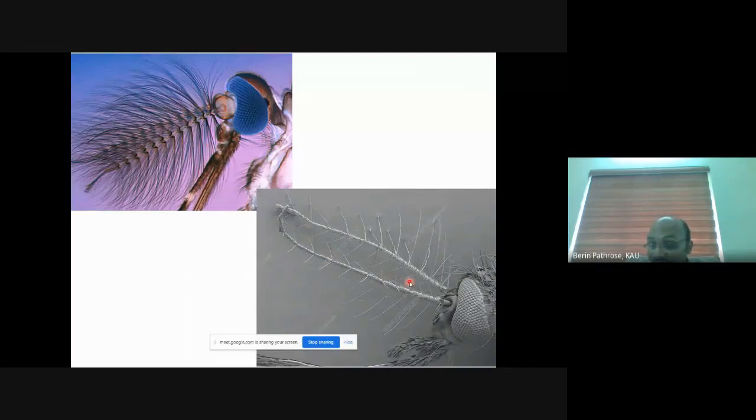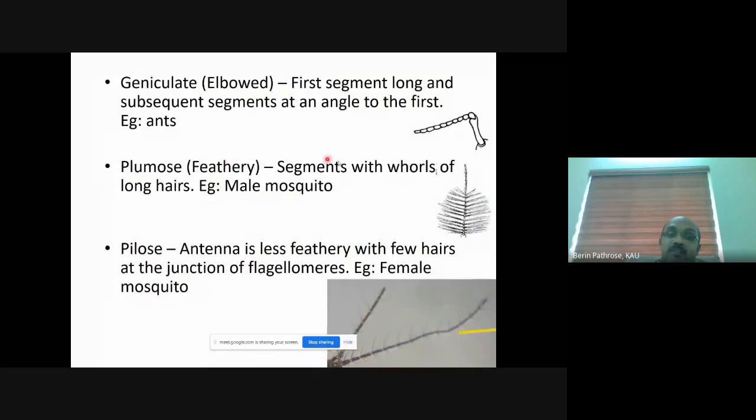But see the case of pilose antenna in the case of female mosquitoes, you can see that the whorls of feathers are extremely limited in number when compared to plumose antenna. In plumose antenna, we have a number of long hairs, but in the case of pilose antenna, the antenna is less feathery.